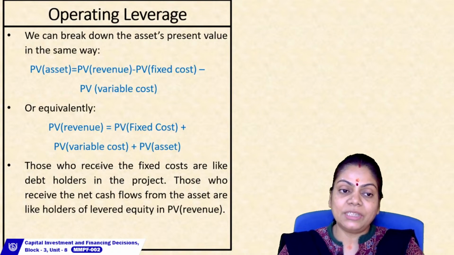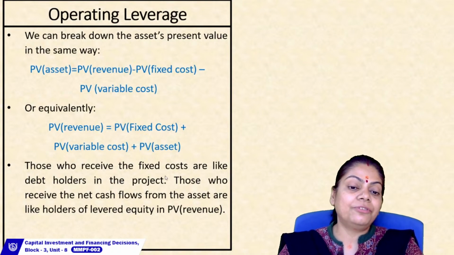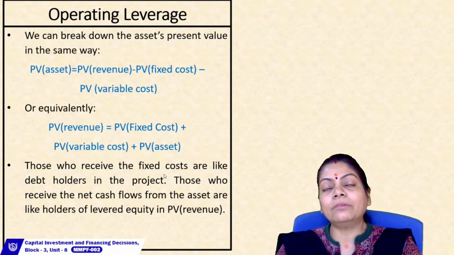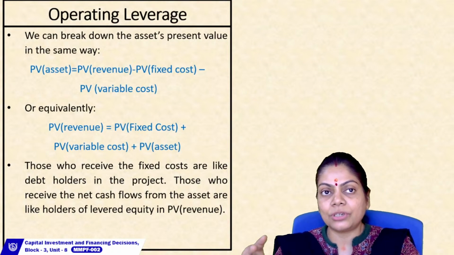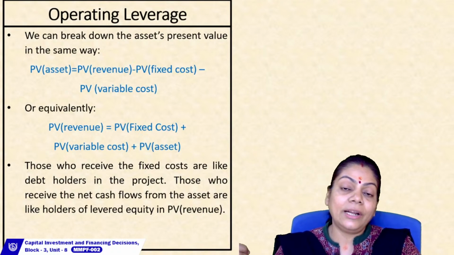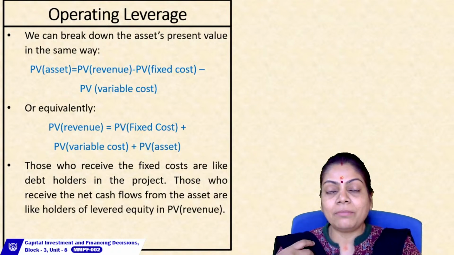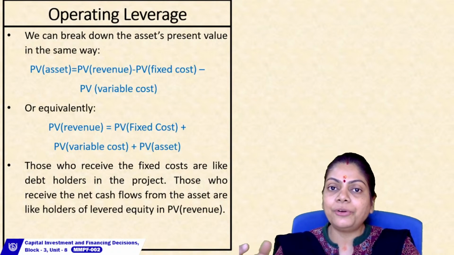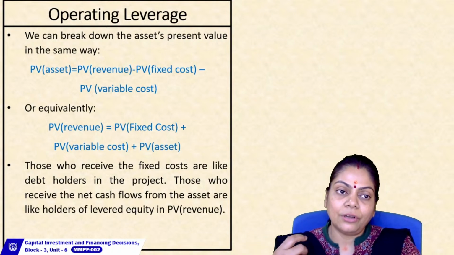Now here what we see is that those who receive the fixed cost, my company is spending a certain amount as fixed cost. The one who is receiving that particular fixed cost is like the debt holders in a company. If I am buying the debt of a company, I'm entitled to get a fixed amount of interest every year.